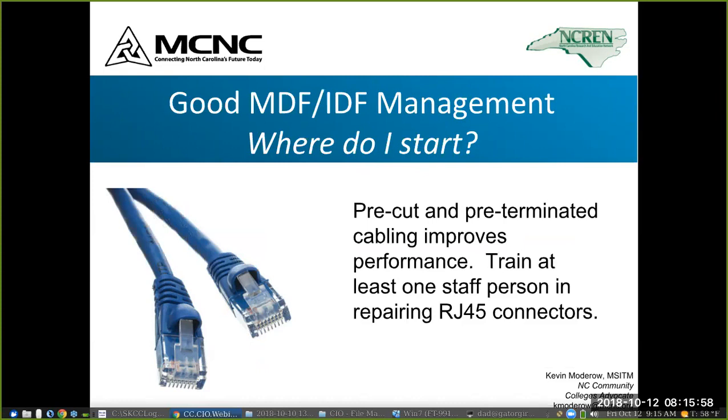These even have the hoods to prevent the clip from breaking when they're pulled on. Most of us are using this, I would say, 95% of the time. But replacing the cable we saw on that previous slide with a pre-cut, pre-terminated cable would be an improvement.